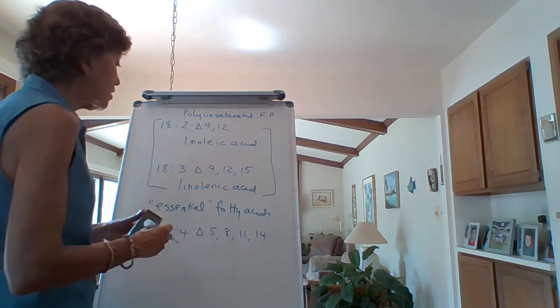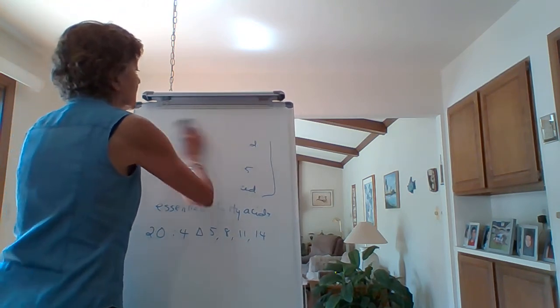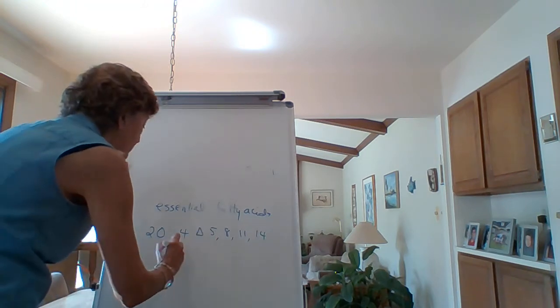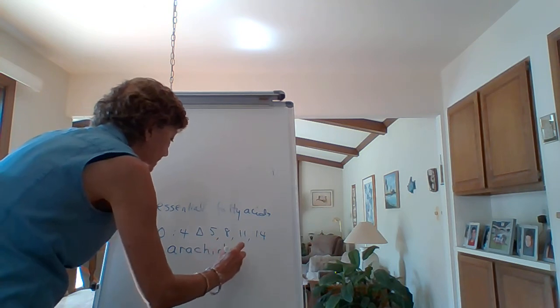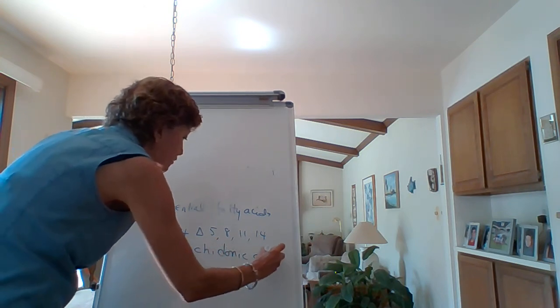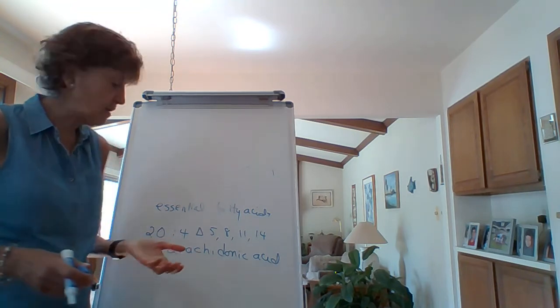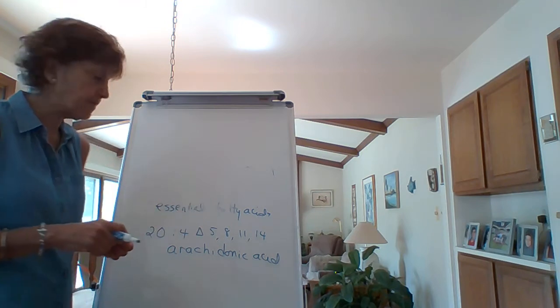All right, so let me draw a few of these. Sorry, I have to give you the name of this one. This one is arachidonic acid. Remember, arachidic acid was 20 carbons saturated. Arachidonic acid is 20 carbons polyunsaturated.